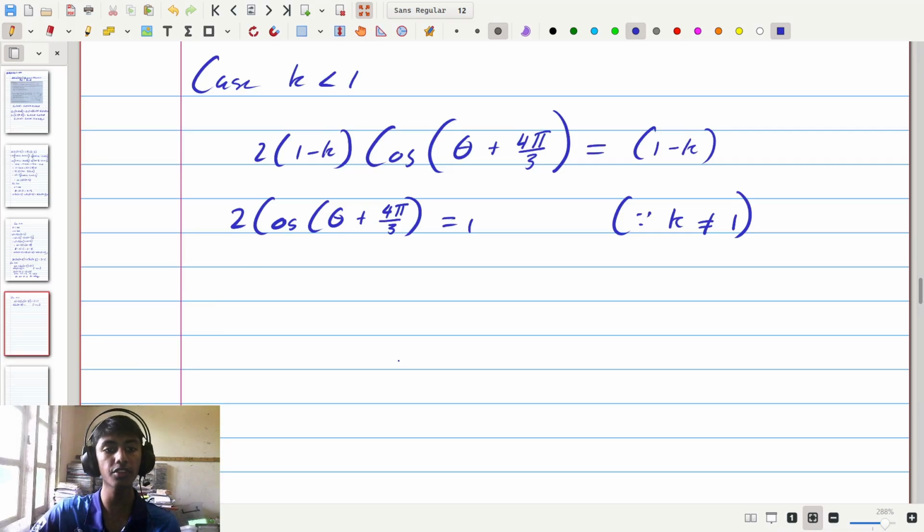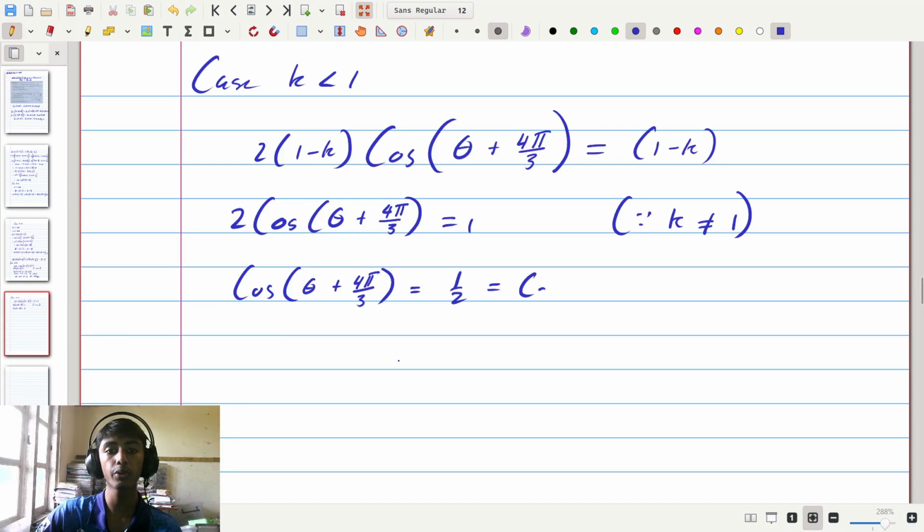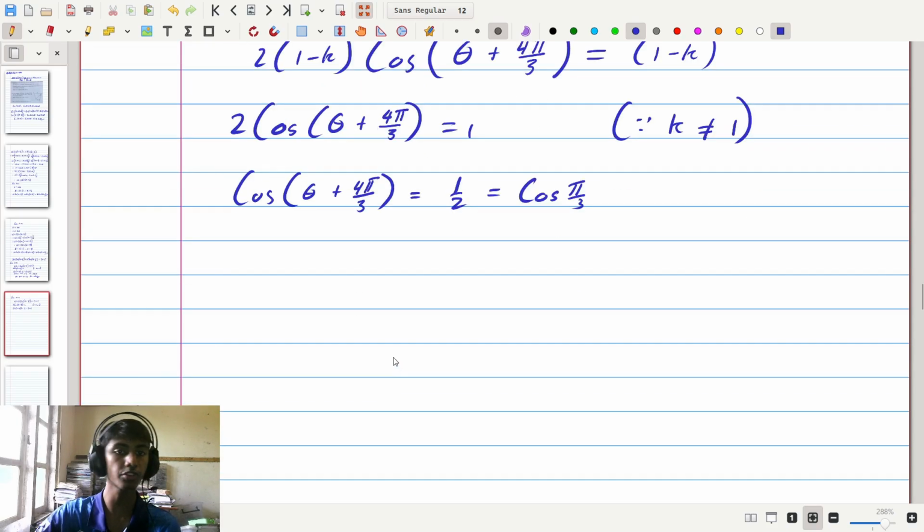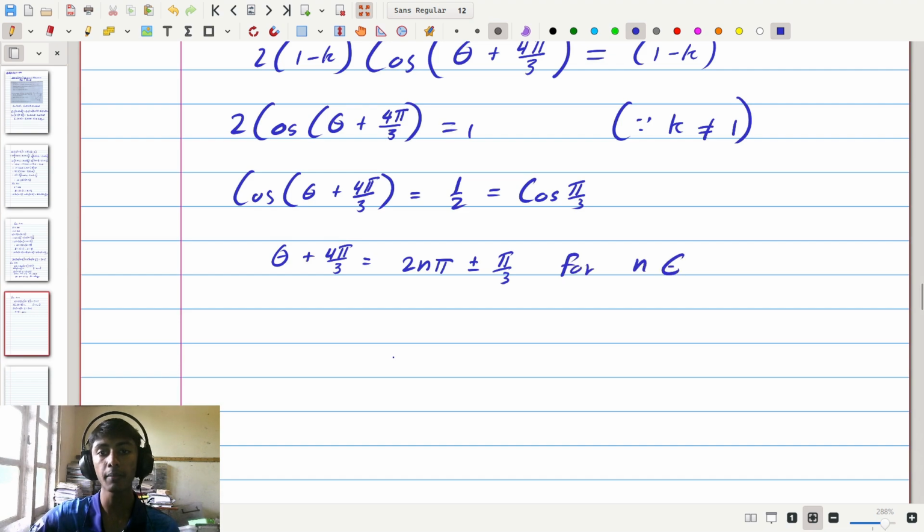So now we can see this is going to lead us to cosine of (theta plus 4 pi by 3) being equal to 1 over 2, which is equal to the cosine of pi by 3, and hence if cosine of A is equal to cosine of B, then theta plus 4 pi by 3 must be equal to 2n pi plus or minus the other angle, which is pi by 3, again for n element of the integers.